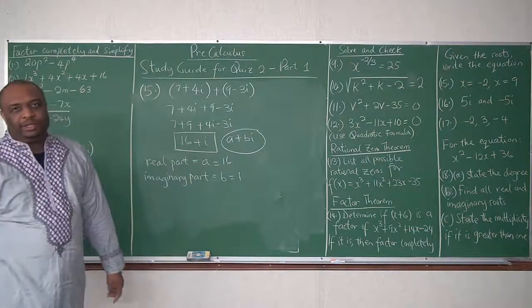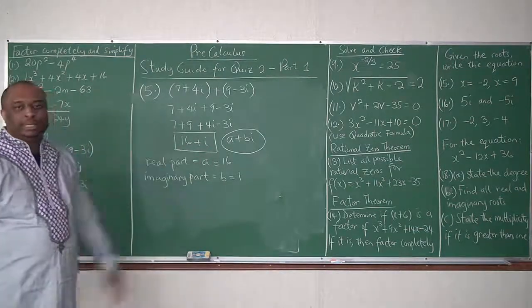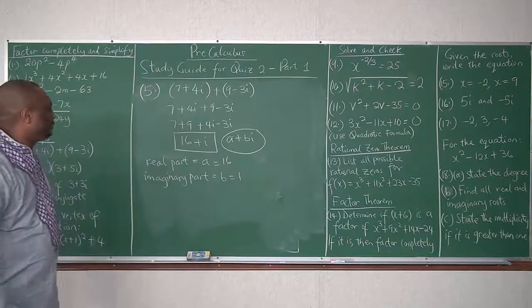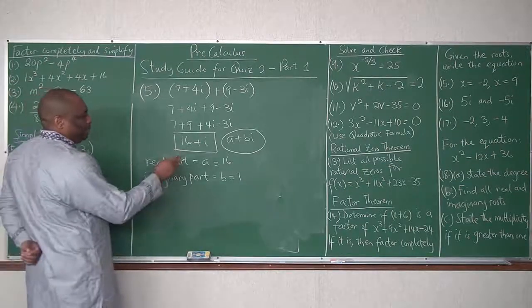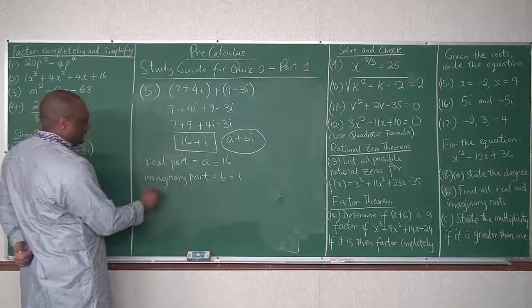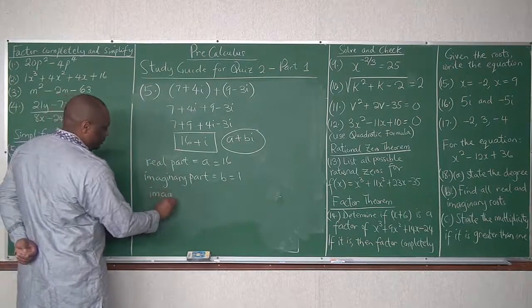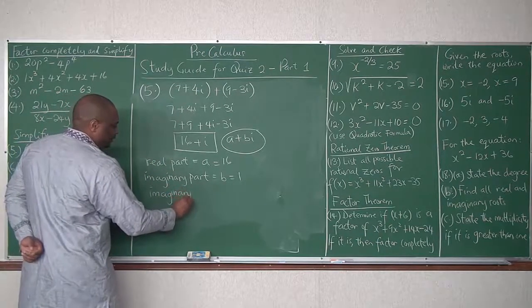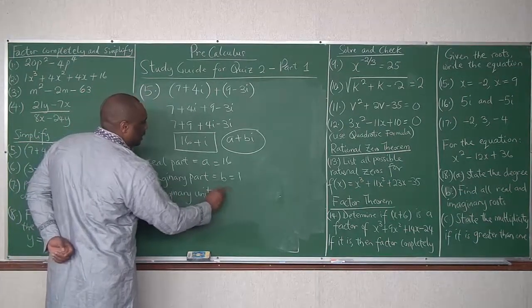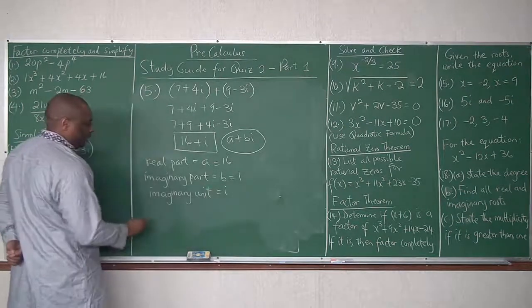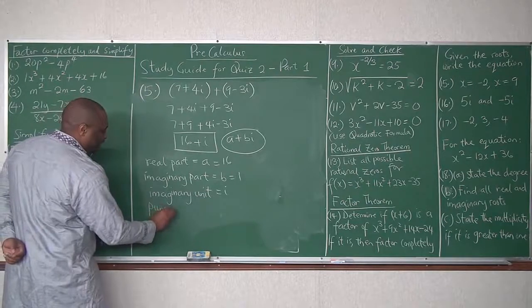If you view my videos on complex numbers, we did this kind of question. What is the imaginary unit? The imaginary unit is i. Then what is the pure imaginary number?